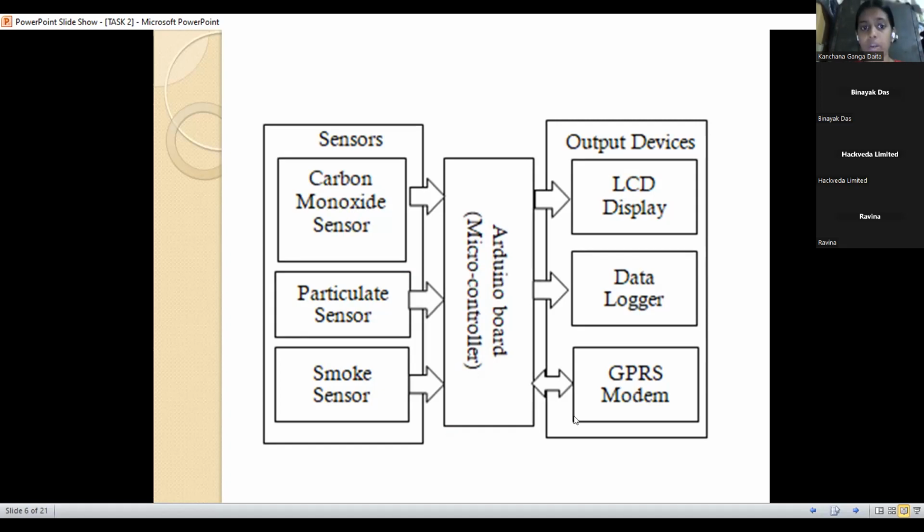If we want carbon monoxide, we can add a carbon monoxide sensor. Similarly, if we want to know about particulate matter, how much particulate matter and what components are inside it, we need to add a particulate sensor. And if we want to know about dust and smoke particles, we need to add a smoke sensor. So these are the components which are required to build a circuit. This is a small block diagram for that.